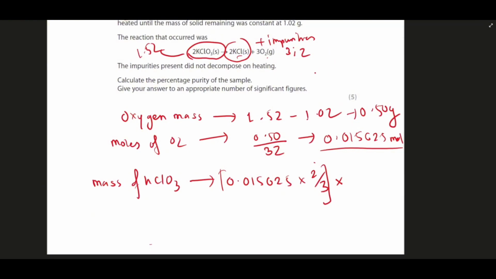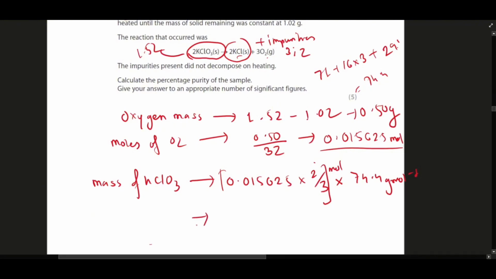How much is it? 35.5 plus 16 times 3 plus K. What is the Mr of K? How much? 39.1. So that's basically 74.4, right? So 74.4 gram per mole, and that is our mole. So eventually you are going to get our mass.